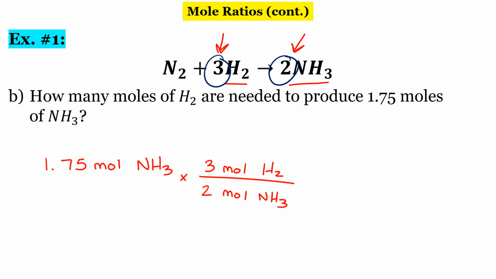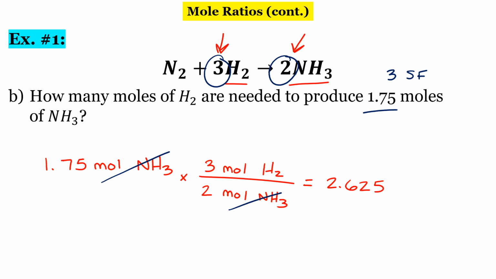So what's going to cancel? Well, moles of NH3 are going to cancel. When we plug this into our calculator, we get 2.625, and we had, let's see, this is 3 significant figures. So we want 3 significant figures in our final answer.